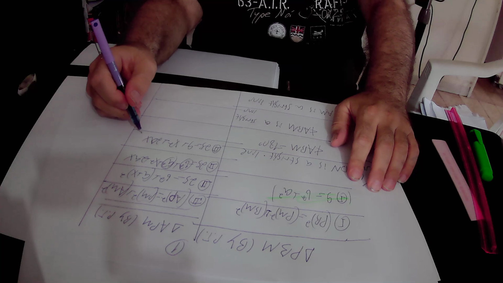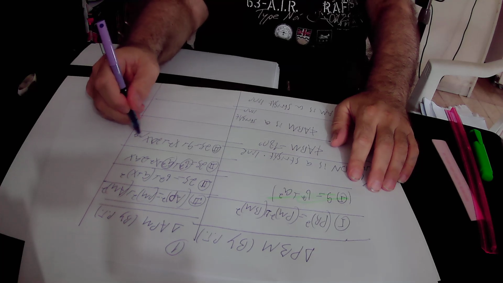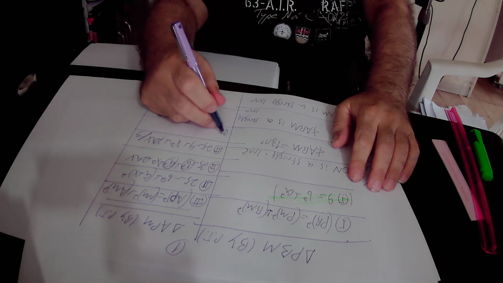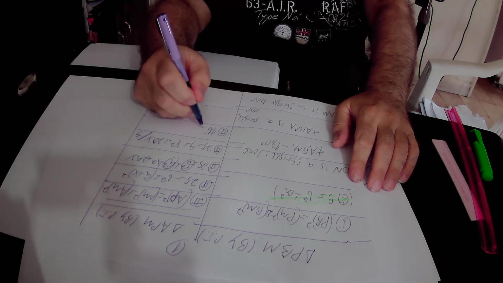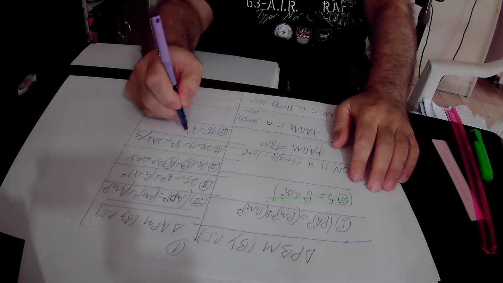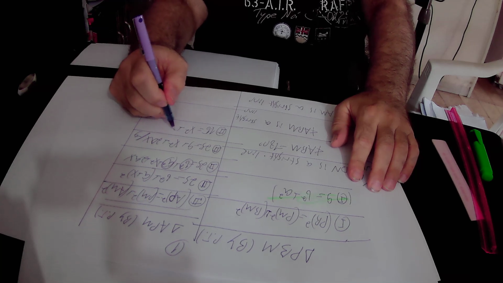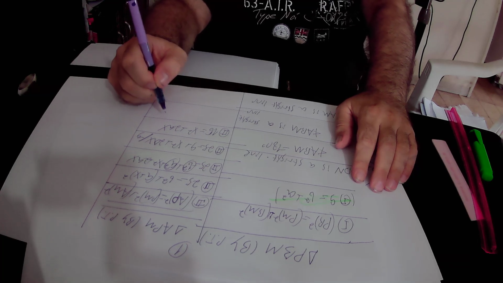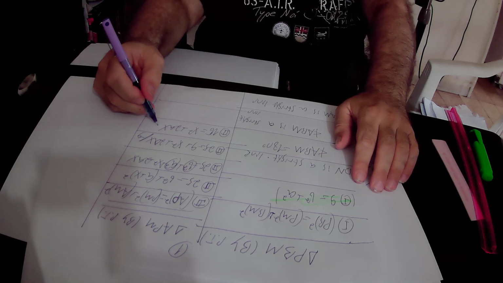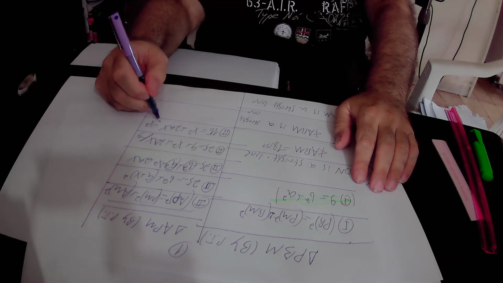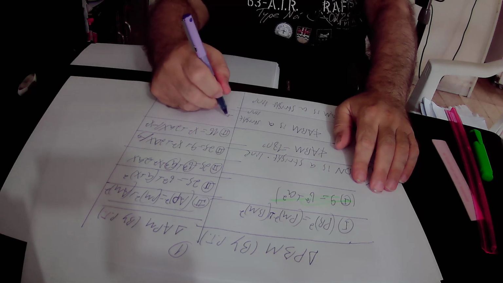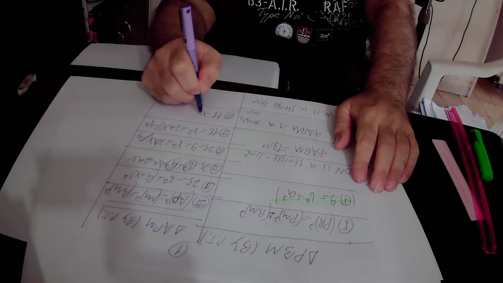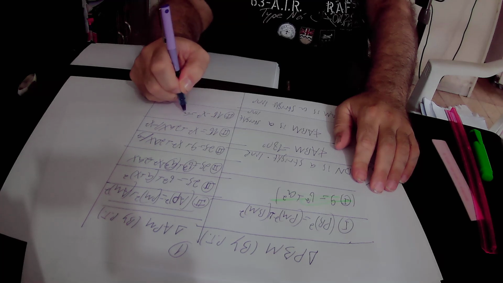Here we subtract 9 from equation number 2, and we get that 25 minus 9 is 16, that is equal to x squared plus 2ax. Here we subtract x squared from this equation, and we get that 16 minus x squared equals 2ax.